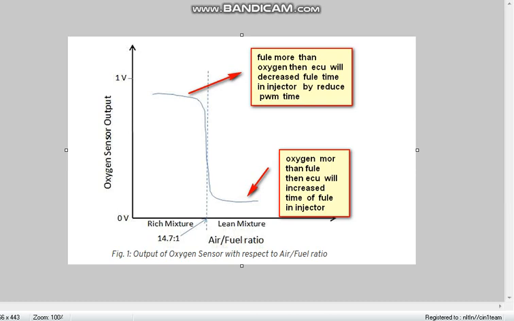If the oxygen sensor gives this voltage, then the fuel is more than oxygen, and the ECU will decrease the fuel time in the injector by reducing the pulse width modulation time in the ECU that drives the FET transistor. And the reverse: if the oxygen is more than the fuel, then the ECU will increase the time for the fuel injector to reach the burning in the cylinder to this point.